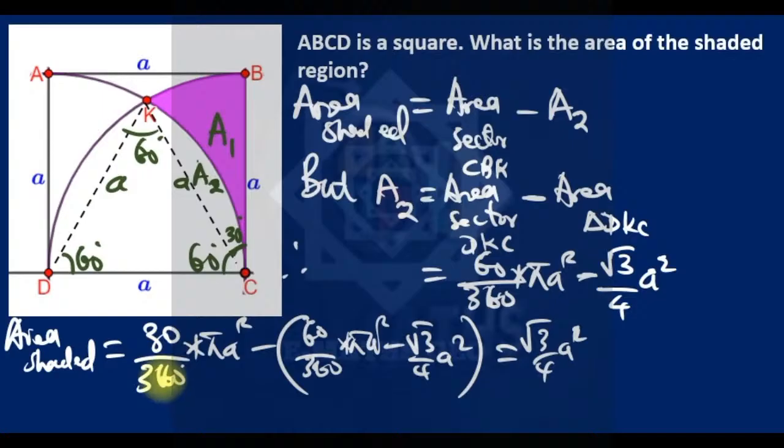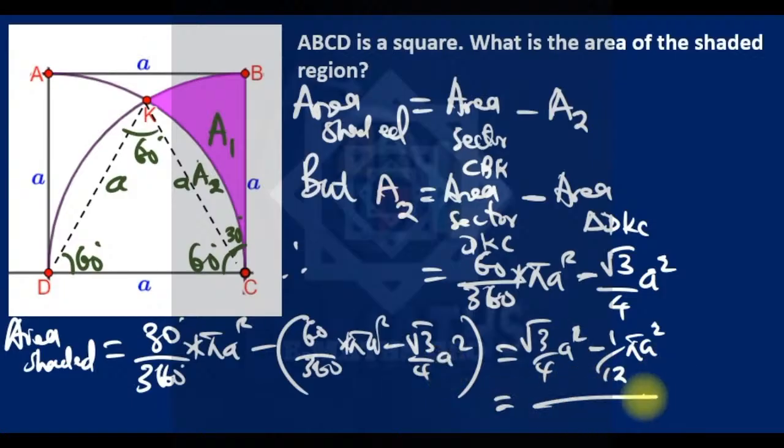So 30 over 360 is 1 over 12, while 60 over 360 is 1 over 6. 1 over 12 minus 1 over 6 is minus 1 over 12. So pi a squared, which is the same as, you can find the LCM.